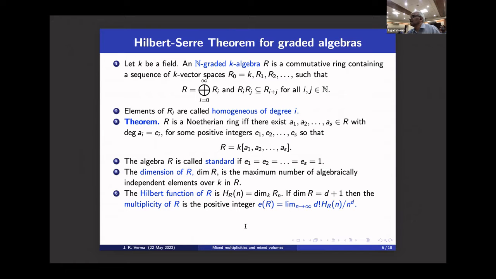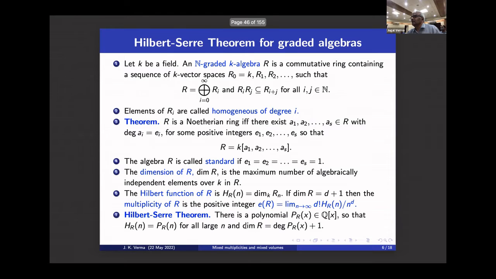If the dimension of R is d plus 1, then the multiplicity of R is the positive integer which is the limit of d factorial H_R(n) over n^d. That's called the multiplicity of R in algebra. If R happens to be the homogeneous coordinate ring of a projective variety, then it is called the degree of the projective variety. The Hilbert-Serre theorem says that there is a polynomial with rational coefficients, so that this polynomial gives the dimension of the nth graded component for large n.